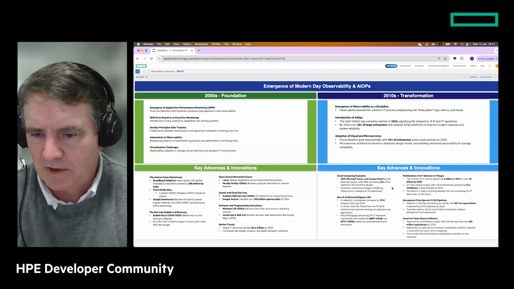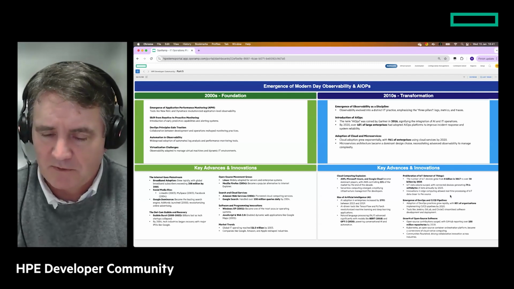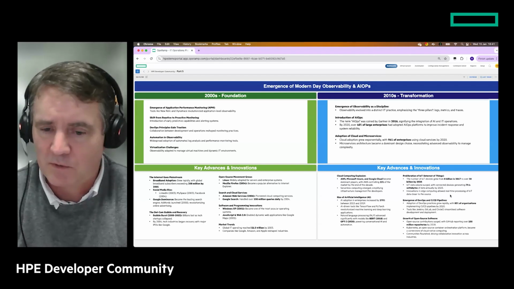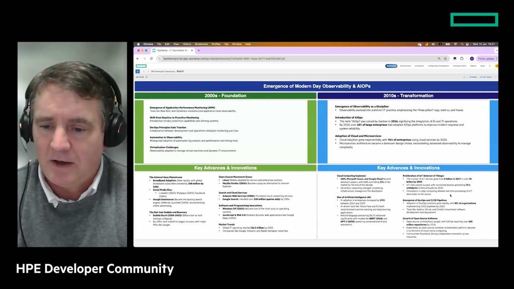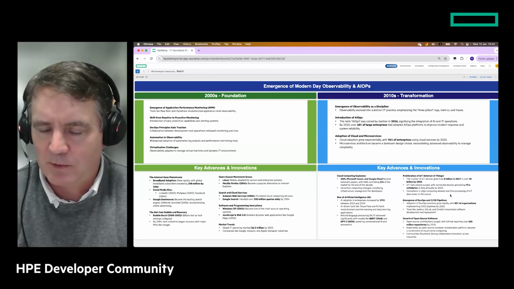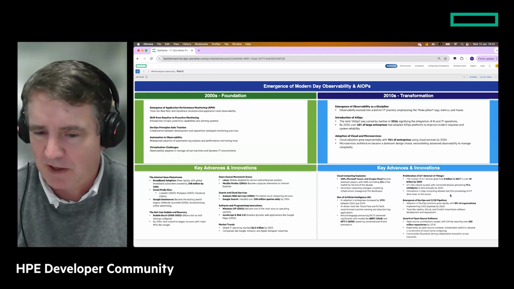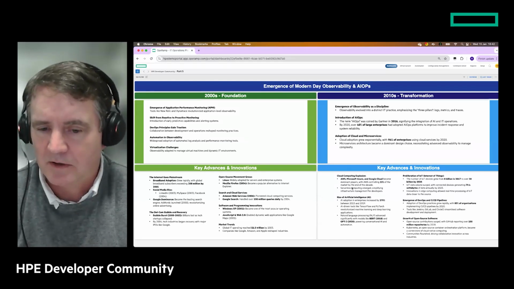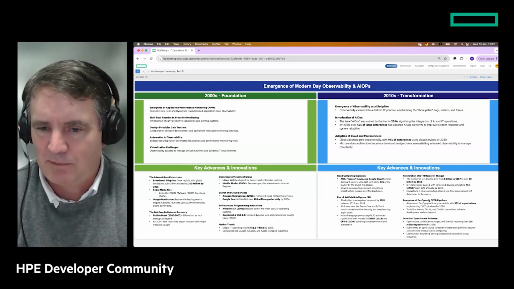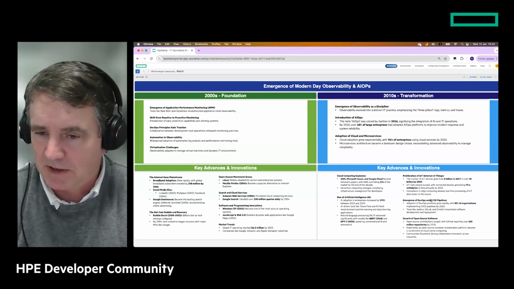So again, just very briefly on some of the key advances, I won't go through all of these, but we really started to see the emergence of DevOps and what's called CI/CD pipelines. So again, if you've been involved in the development community, you know this very well. I think this is really key to observability, because if we're able to surface changes, because there are just so many changes happening now, given the complexity of current IT systems, we've got to be able to understand changes and link them to any downstream performance and availability and reliability issues.